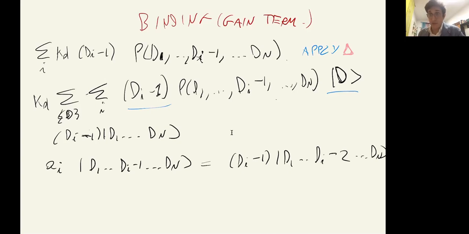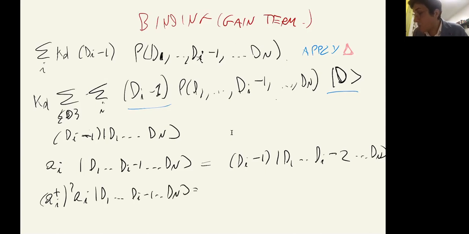Well, just apply twice the raising operator. If we just do a dagger i squared a_i on d1, ..., d_{i-1}, ..., dn, this will be exactly d_{i-1}, d, which is what we have here in blue.